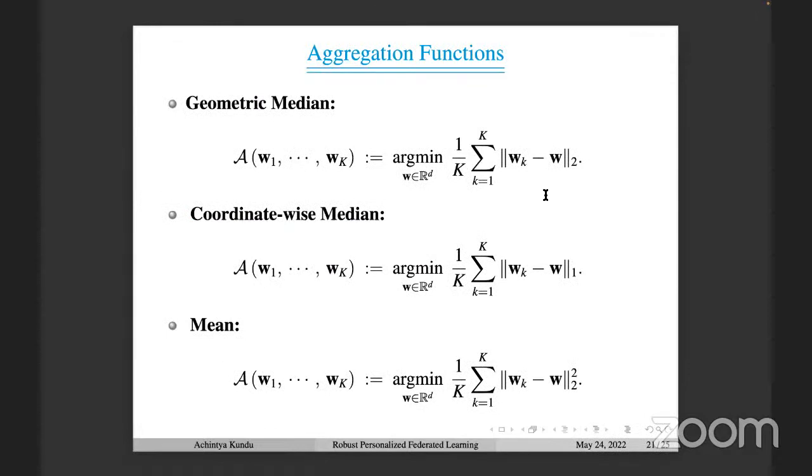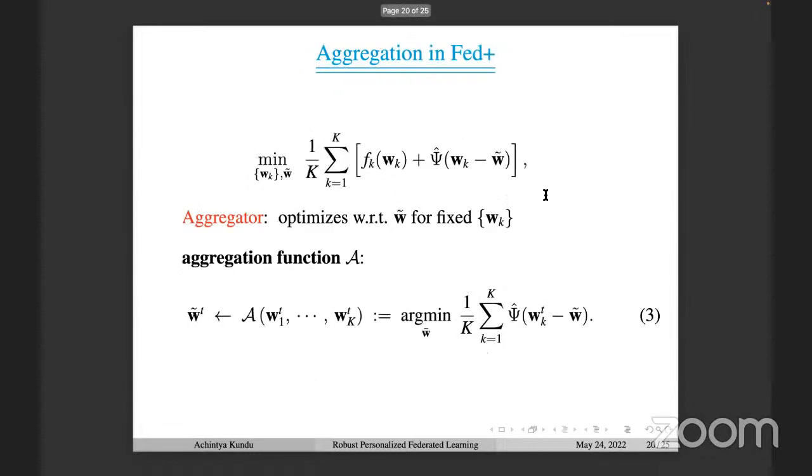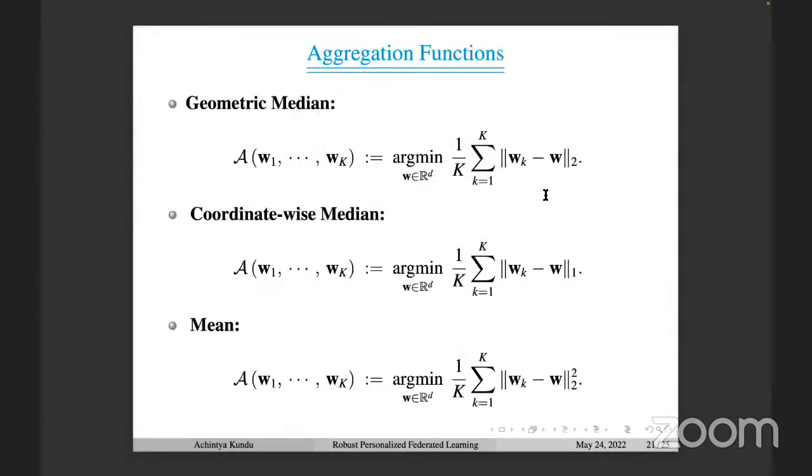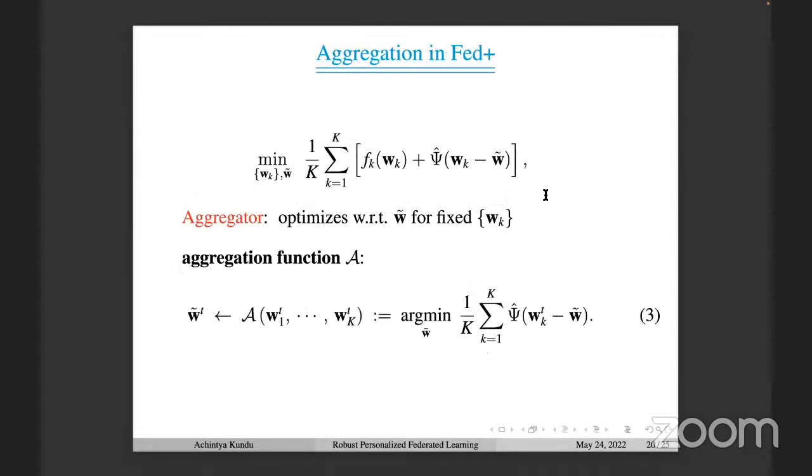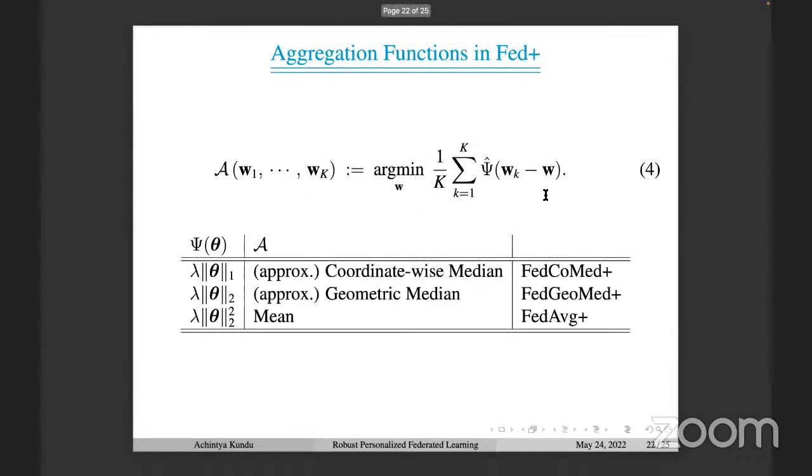So basically, we have somehow come to the same form of robust aggregations, whether it is mean or the geometric median, but through a different route, which, as we saw, incorporates the personalized approach, but also provides these robust ways of aggregating the client models.